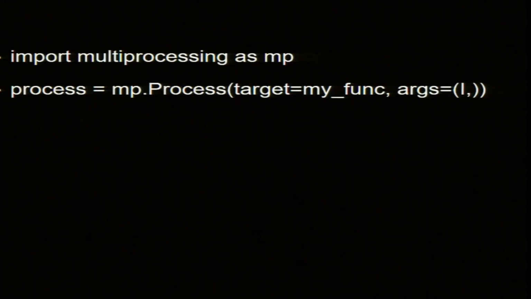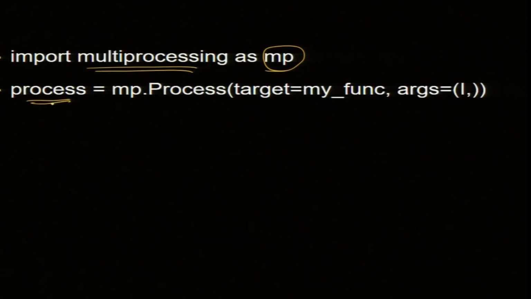So, let us look at the structure. First we need to import the multiprocessing module, and I import it as MP. This is like import NumPy as NP. Then we create a process, and this process will work on a function, so we have to create a function.